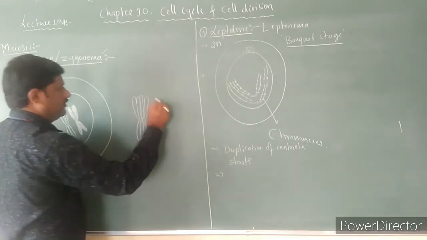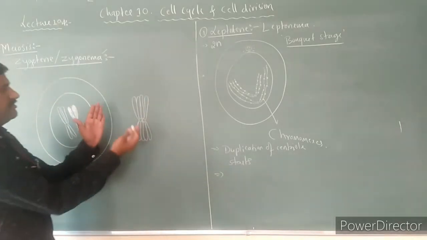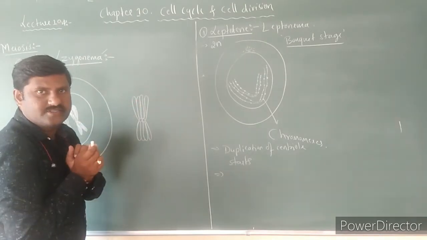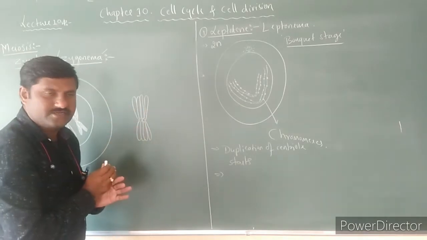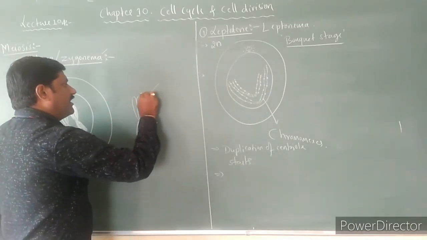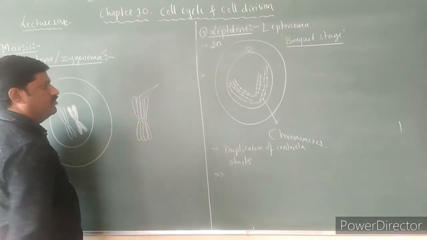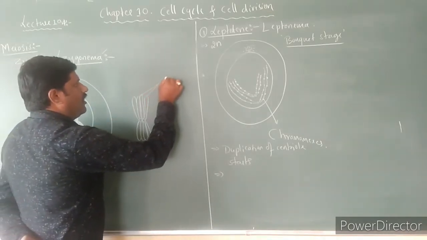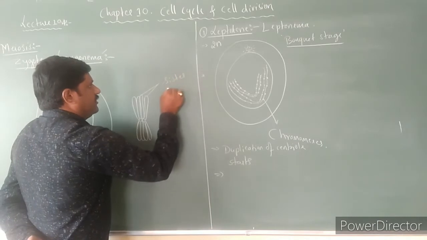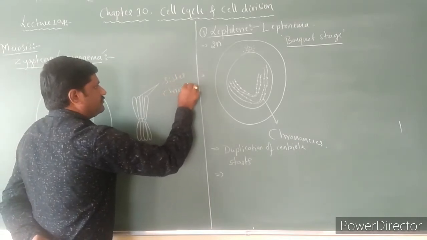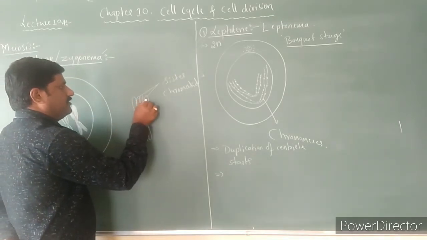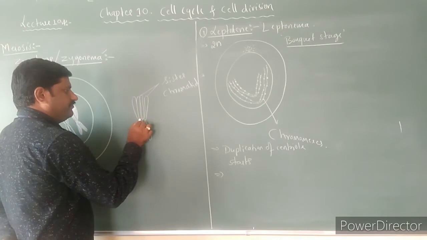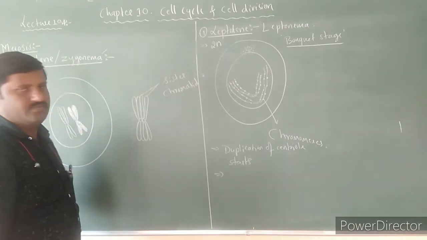Both are overlapping on each other, attaching to each other, lying on each other. The chromatids of one homologous chromosome are called sister chromatids. Remember, sister chromatids. These are the sister chromatids of this homologous chromosome, and these are the sister chromatids of the other homologous chromosome.